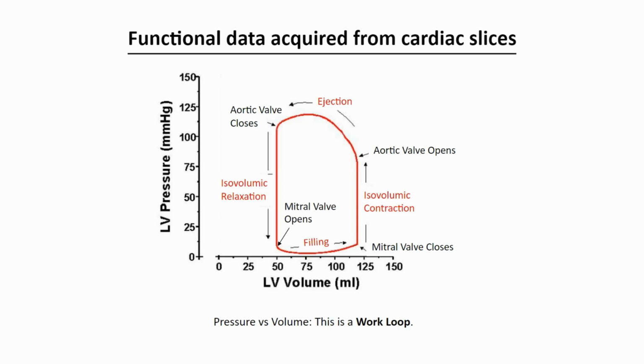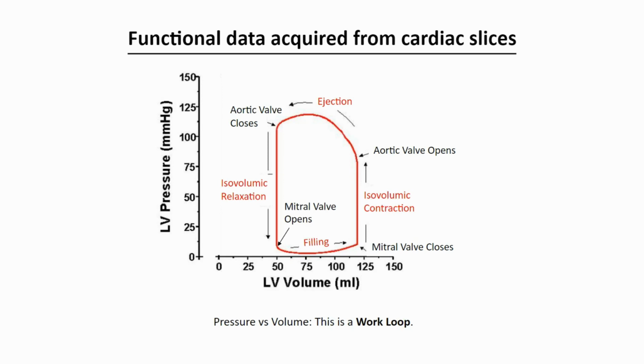And then the ejection phase is at the top of the loop, going from right to left, where the pressure stays high as volume is reduced, followed by the isovolumic relaxation on the left-hand side of the loop, showing a drop in pressure with no change in volume. And then finally followed by the filling at the bottom of the loop, where the volume is recovered at low pressure.